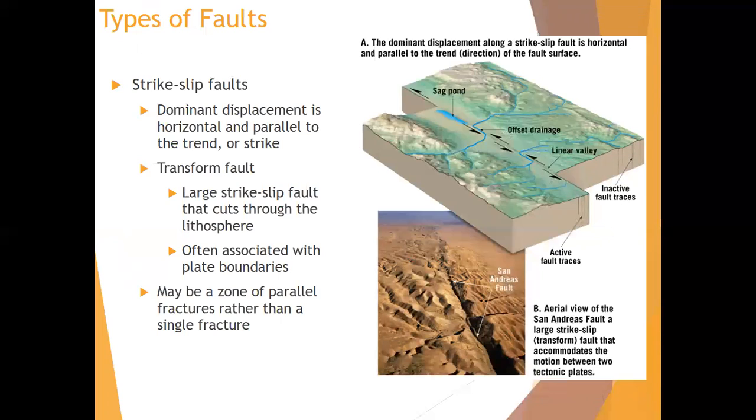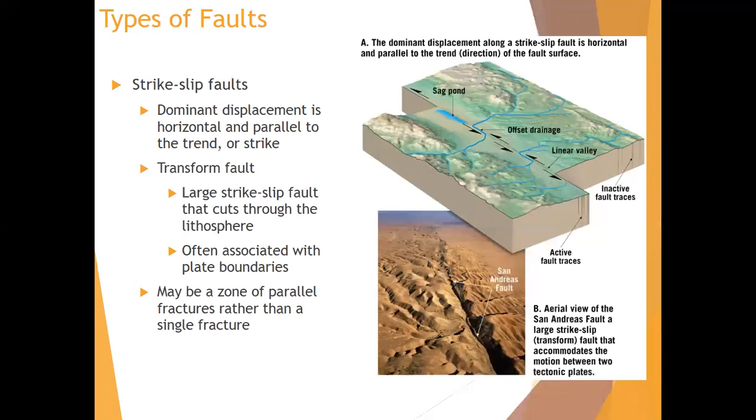Transform faults are your large strike slip faults that actually cut through the lithosphere. They tend to make up a lot of your plate boundaries. There may be a zone of parallel fractures rather than a single fracture associated with a strike slip fault.